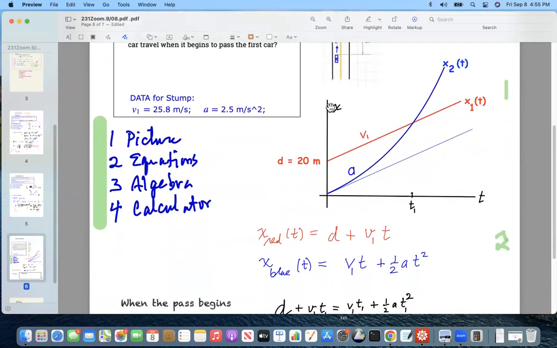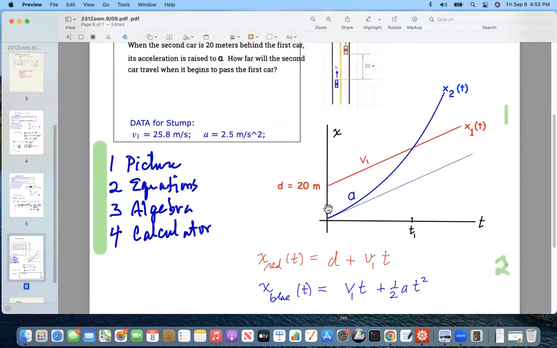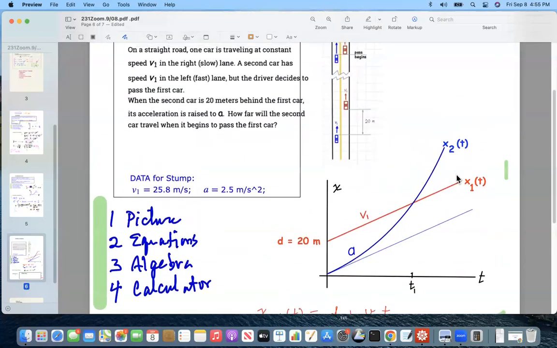A better picture would be to draw the positions as a function of time. So you can make a graph of position as a function of time. There are 2 cars, so there'll be 2 graphs. There'll be a graph for the red car. The red car starts out at 20 meters. We'll take this to be 0.